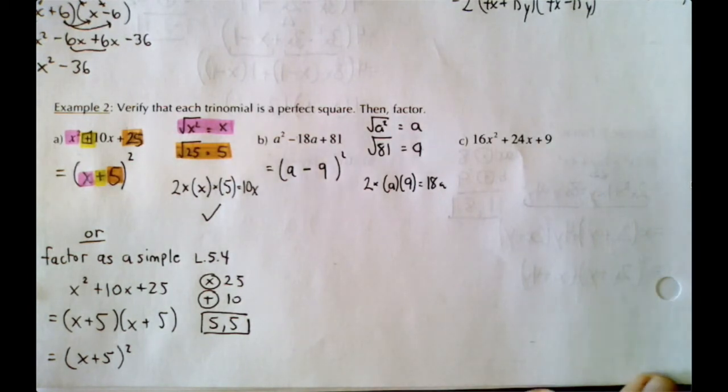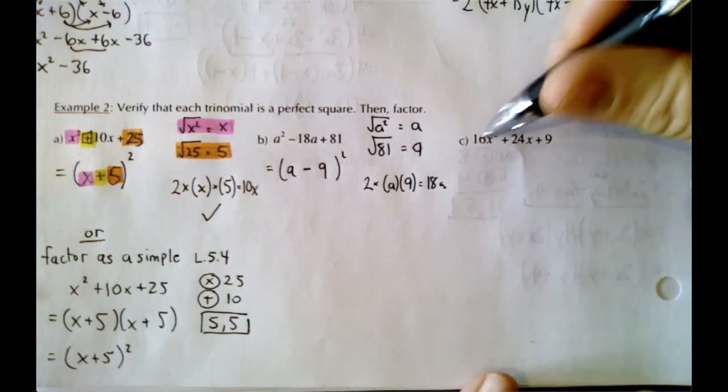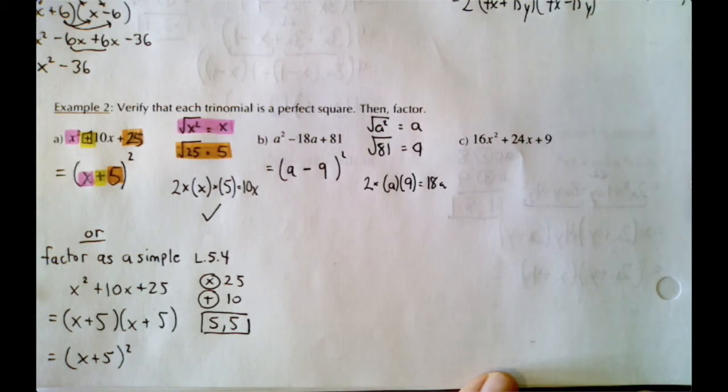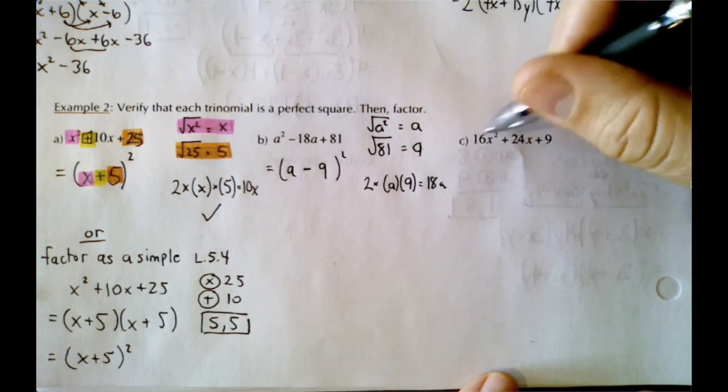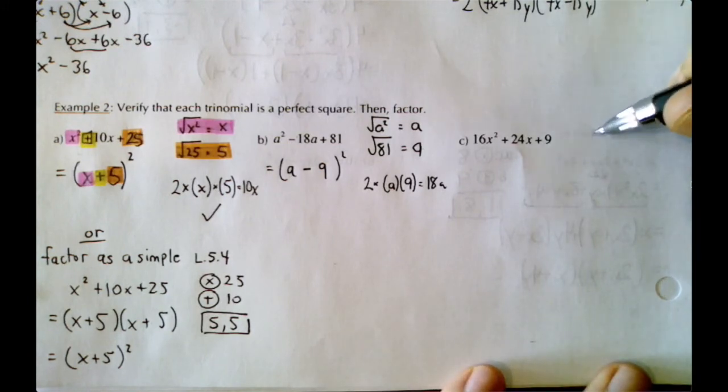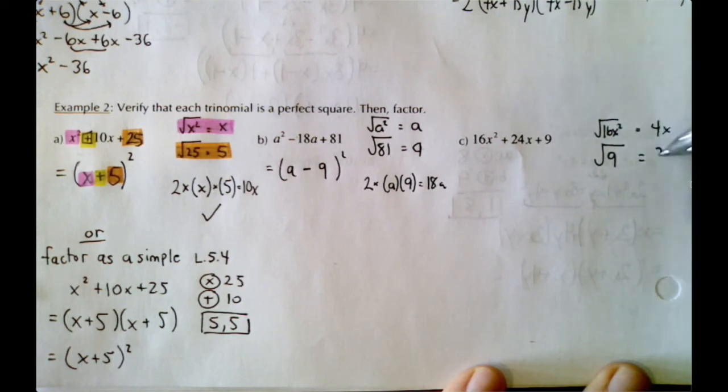Let's try one last one. This one is a complex trinomial. So if we wanted to factor this one, we would have to factor it like lesson 5.5 because it doesn't start with just x squared. This one starts with 16x squared. But let's try to factor it like a perfect square trinomial and see if it is one. Square root 16x squared, square root 9. What do we get? Well, we get 4x and we get 3.